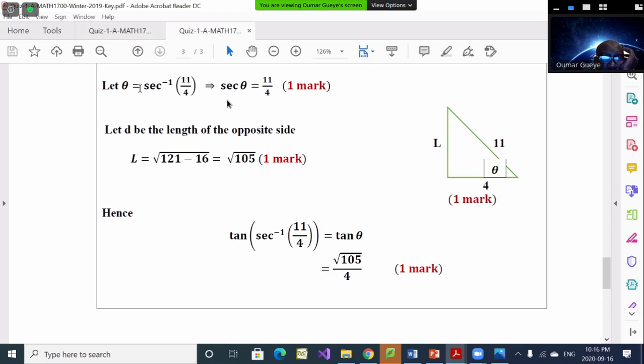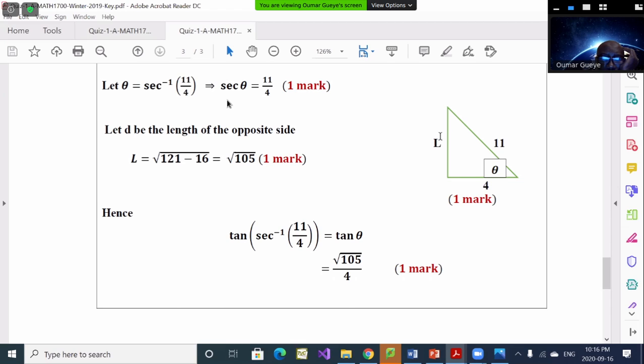You start by setting theta equal to secant inverse of 11 over 4, and it means secant of theta is equal to 11 over 4, by applying secant on both sides of this equation. And now you have to create your triangle here. Secant we know is equal to hypotenuse over the adjacent side. So the numerator should be my hypotenuse. That's what I did here. And the denominator should be my adjacent side, equal to 4.